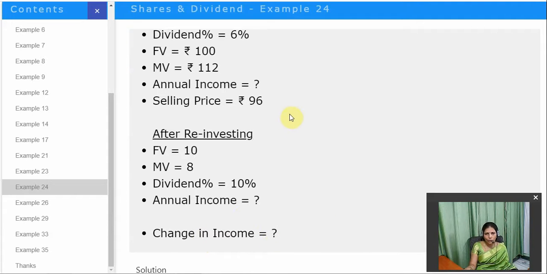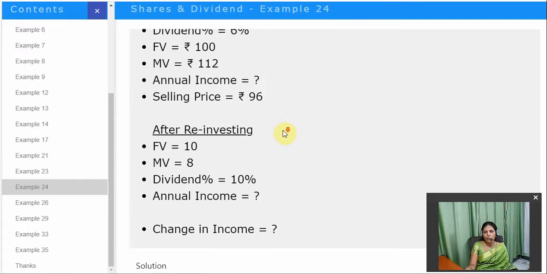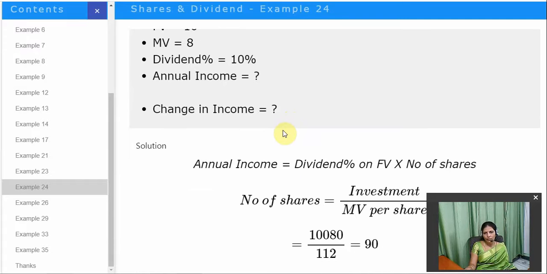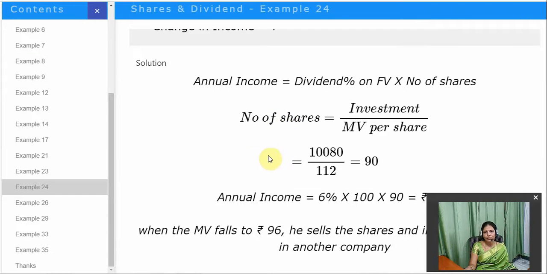Right? Understood the question? You need to read the question and understand it, only then you will be able to find the correct solution. Now, here you need to find the annual income. Annual income is equal to dividend percentage on face value into number of shares.